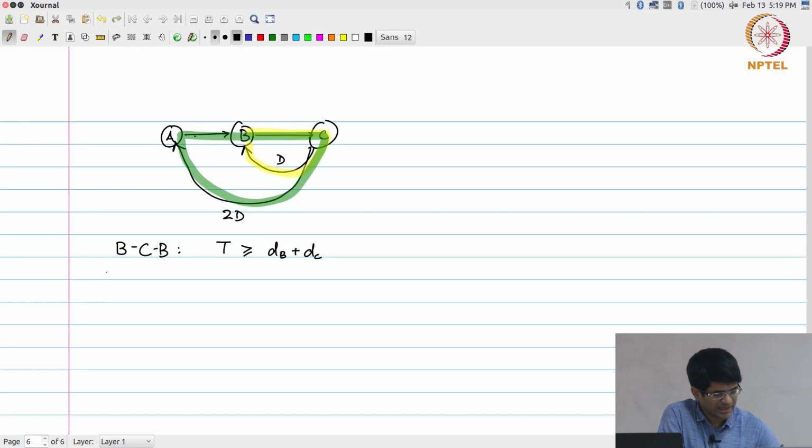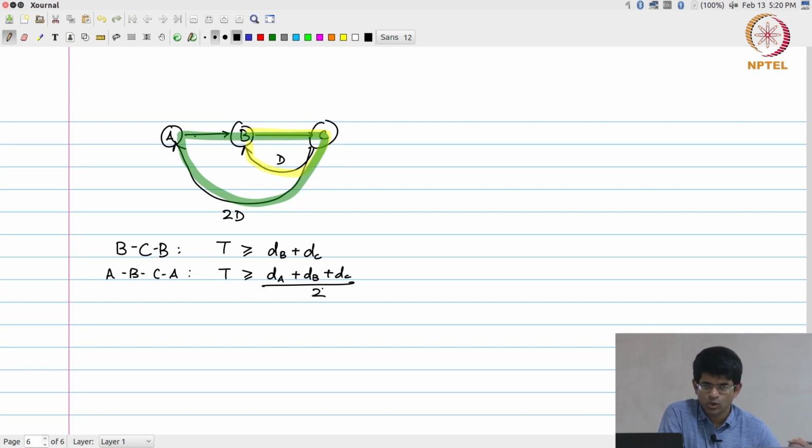For the other loop, what I have is A to B to C back to A. Over here T must be greater than or equal to (dA plus dB plus dC) divided by 2, because basically you will end up with dA plus dB plus dC minus 2T must be less than or equal to 0. That is the constraint that you will see.